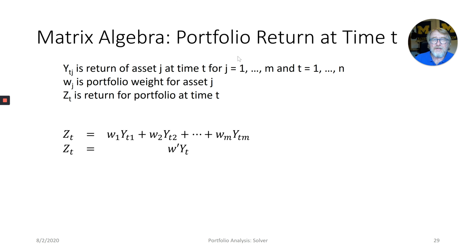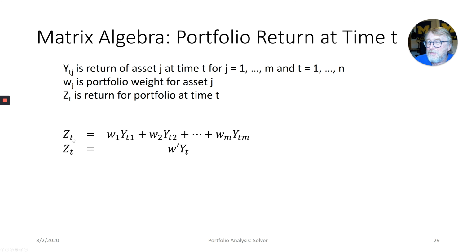What you think of as a workbook, your data just becomes a symbol, a matrix, and you can do operations on it. And so this is just looking at what the portfolio return would be at time t. Well, it's just the weights times the return of each asset at time t. And you can write that as a vector of weights times a vector of returns for the portfolio.